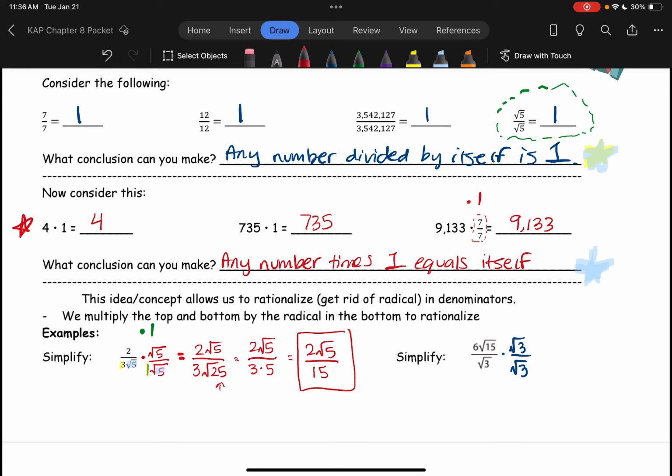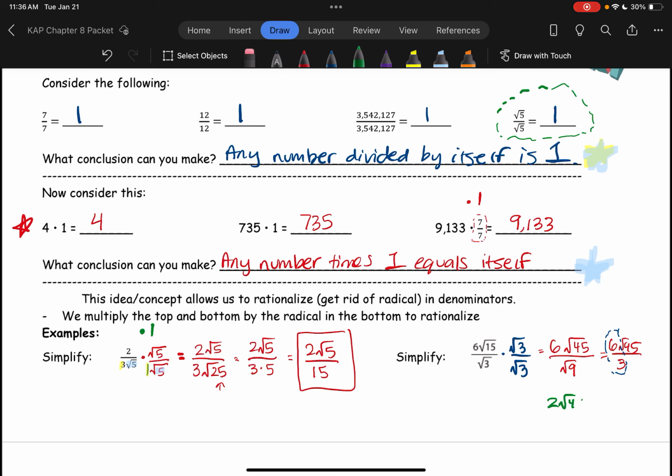On the top, we get 6 times the square root of, well, 15 times 3 gives me 45. On the bottom, the square root of 3 times the square root of 3 is the square root of 9, right? So we have 6 root 45 over the square root of 9, which is 3. Looking at the 6 over 3, I can simplify that: 6 divided by 3 is 2.